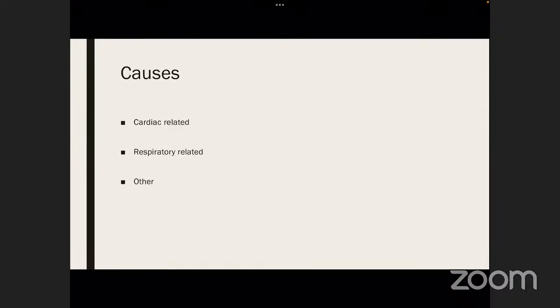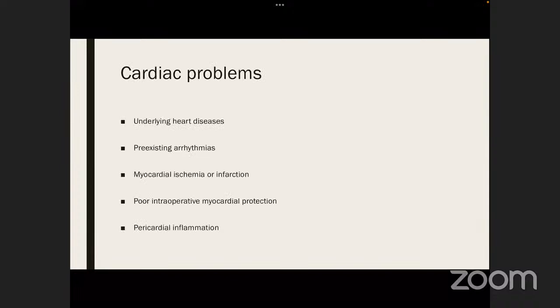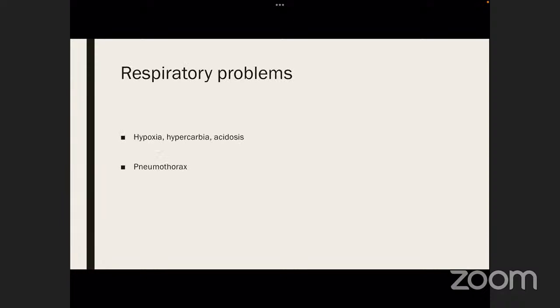For the causes post-cardiac surgery, we can divide it into cardiac-related, respiratory-related, and other. For the cardiac problems, it could be underlying heart disease, pre-existing arrhythmia, poor intra-op myocardial protection, and inflammation. For the respiratory problems, we have hypoxia, acidosis, pneumothorax.